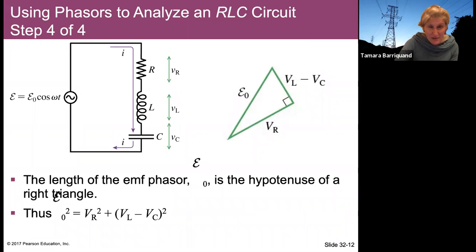The length of the EMF phasor is then EMF naught, the hypotenuse of the triangle. And so EMF naught squared is going to be equal to VR squared plus (VL minus VC) quantity squared.